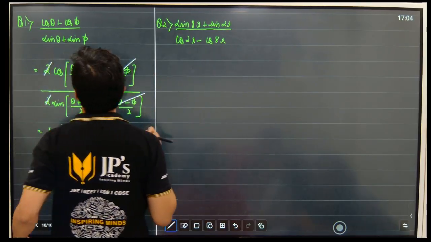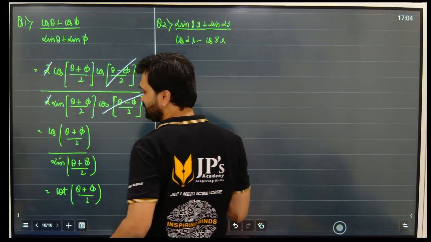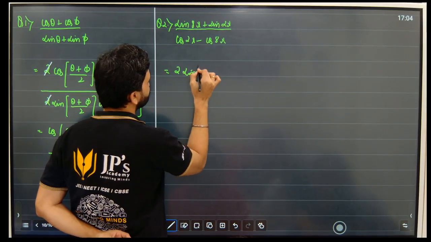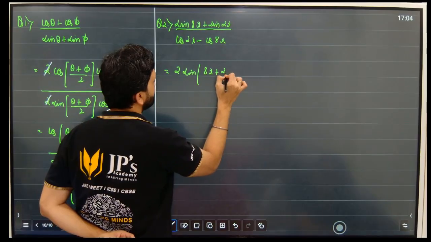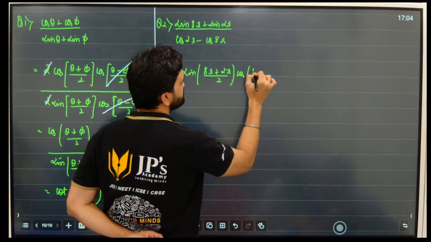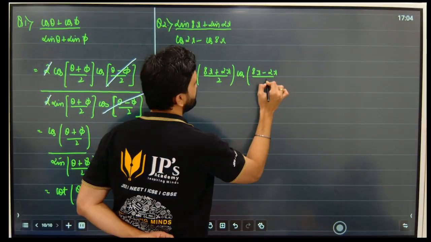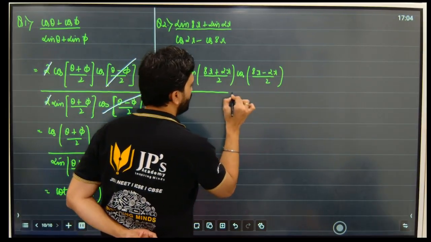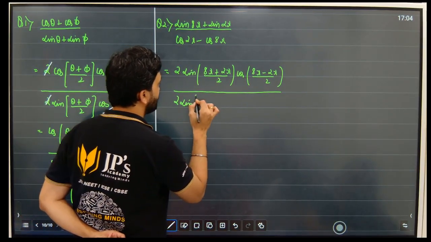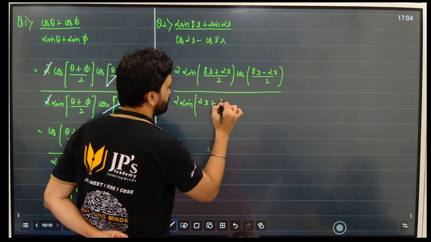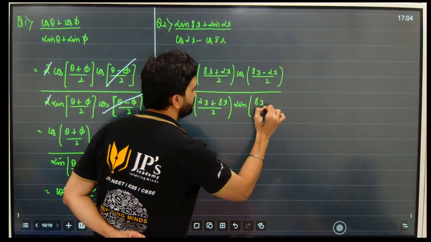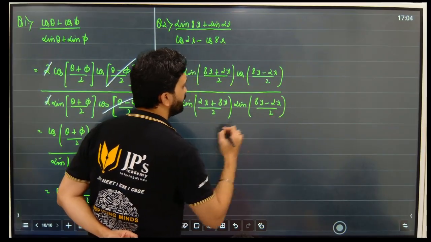The numerator is sin C plus sin D, which is 2 sin((C+D)/2) cos((C−D)/2). For the denominator, I am going to use the formula for cos C minus cos D, which is 2 sin((C+D)/2) into sin((D−C)/2).